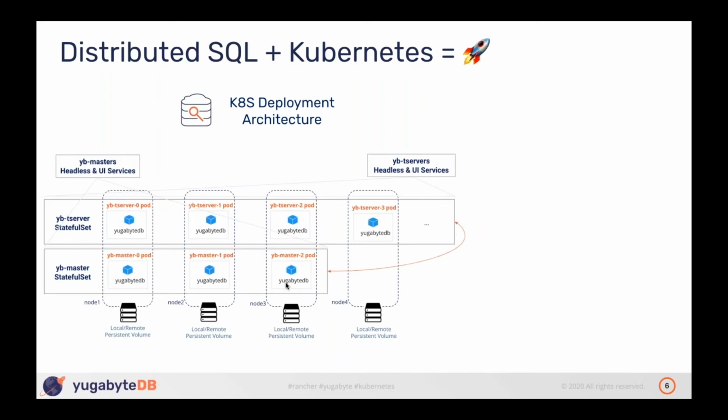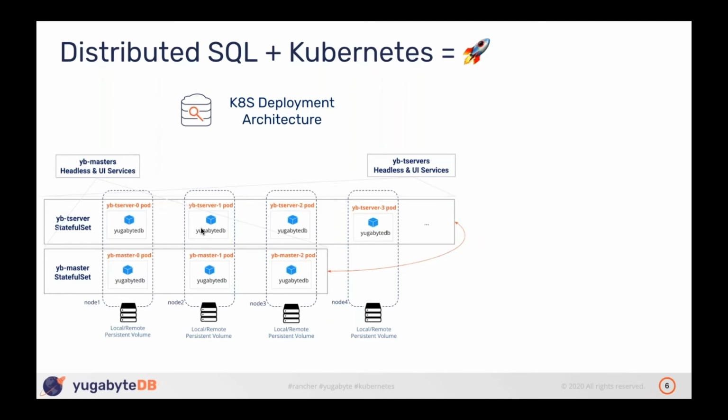One is this 3-pod YB-Master StatefulSet. That is not very interesting. The more interesting is the infinitely scalable YB-TServer StatefulSet that is actually responsible for all your data. And all the things that I talked about are now starting to become applicable in the Kubernetes form factor.